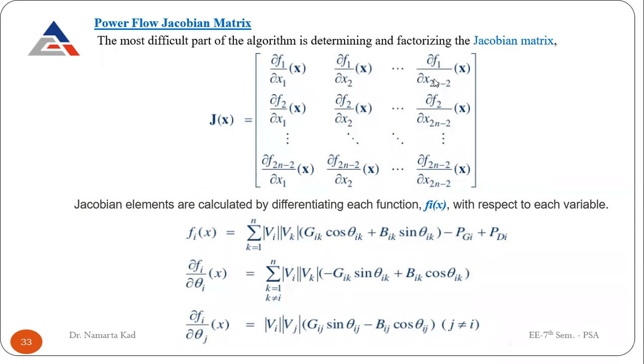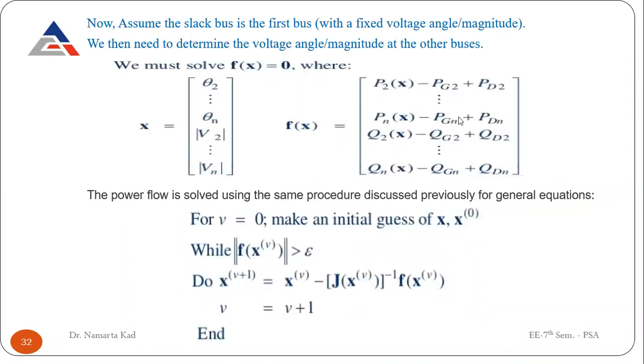One thing to note here is why it is 2n minus 2. For n number of buses, the total number of power flow equations is 2n, as we know. We have already covered in the previous lecture that there are n equations for the real power and n equations for the reactive power.